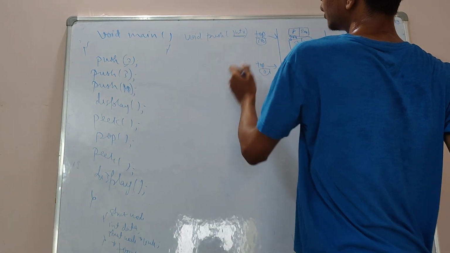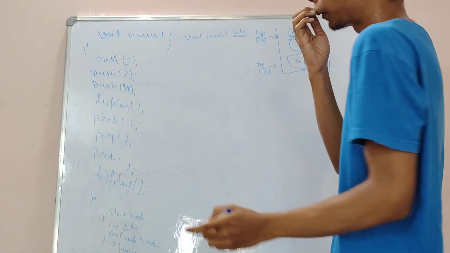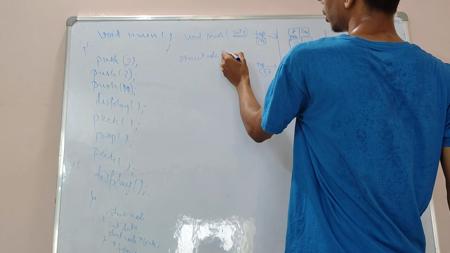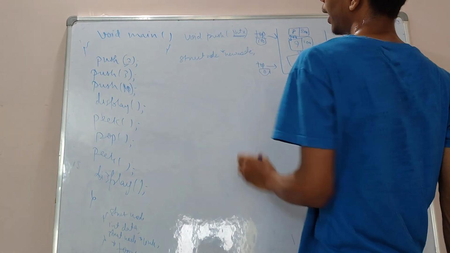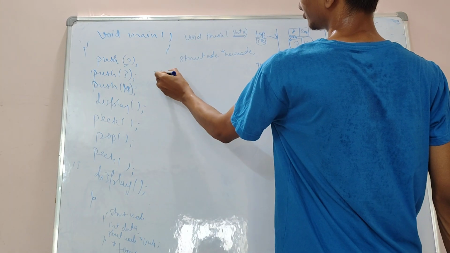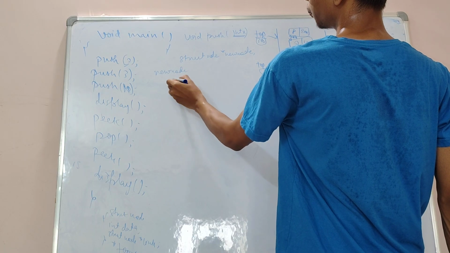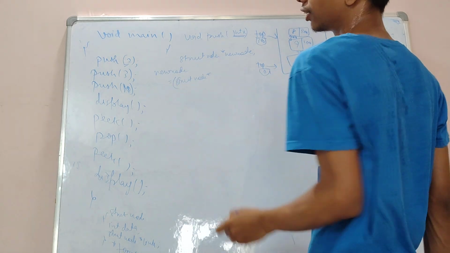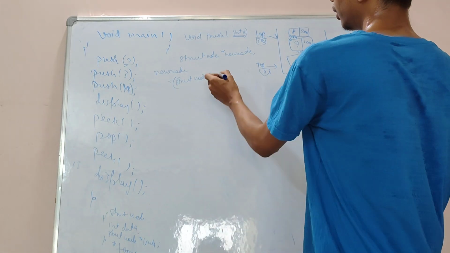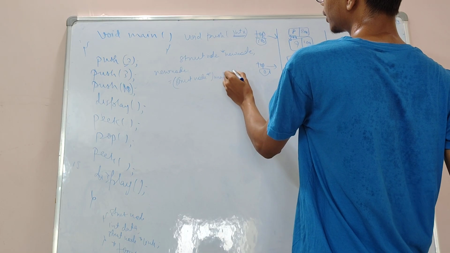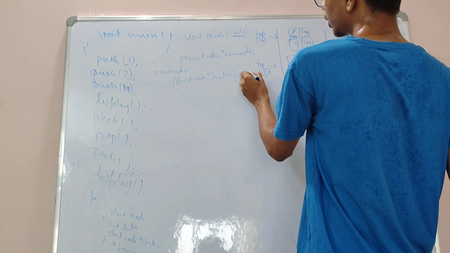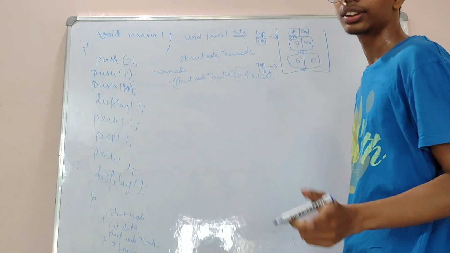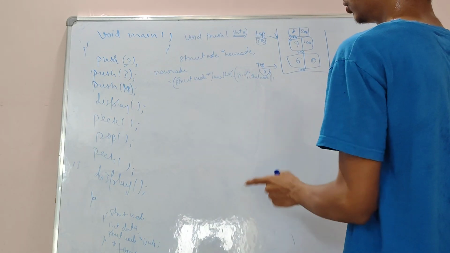And then I will define a pointer, struct node new node, for storing the address of the new node that I will create, and here I will write new node is equal to struct node asterisk, because it will return the address of that pointer, and this malloc function here, size of a struct node. So I am initializing one node. Each time I will initialize one node.